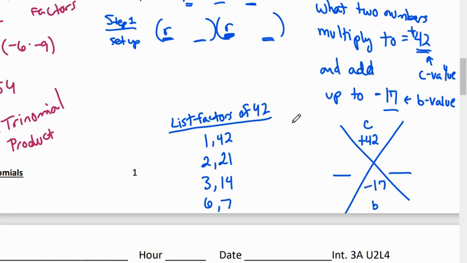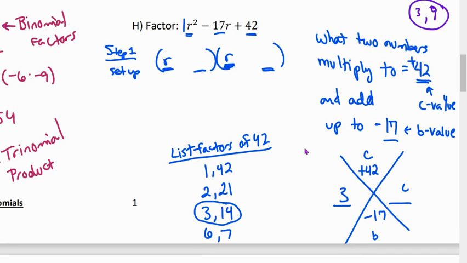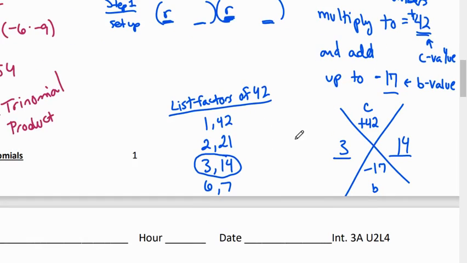So now let's ask the question again. What two numbers multiply together to equal 42, but also add up to 17? 3 and 14, sorry. But we don't want them just to add up to positive 17. We want them to add up to negative 17.